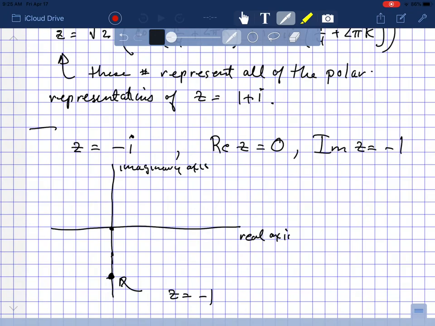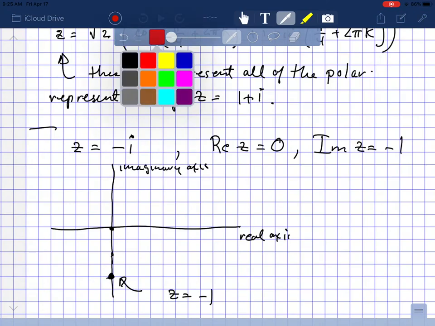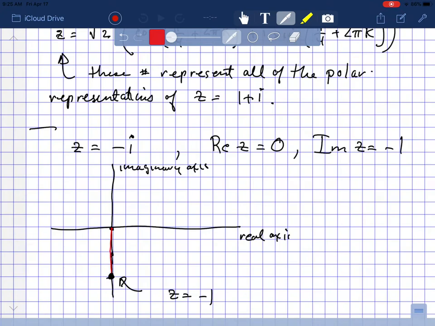And now what do I have to do to get the polar form? I have to look at the angle between the radial line connecting the origin to my point z and the real axis. So I have to look at this angle here. And what is that angle equal to? Well, this is theta equal to 3 pi divided by 2.